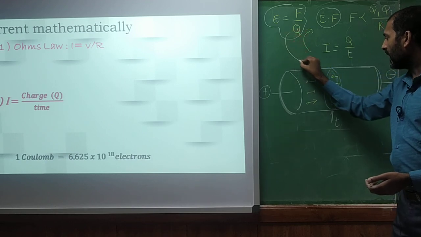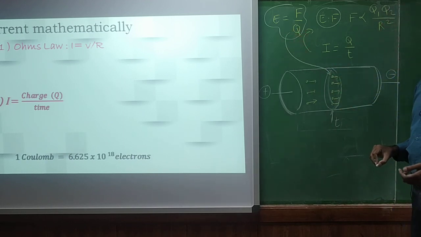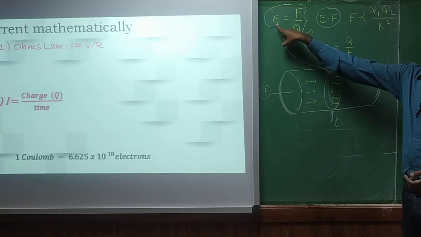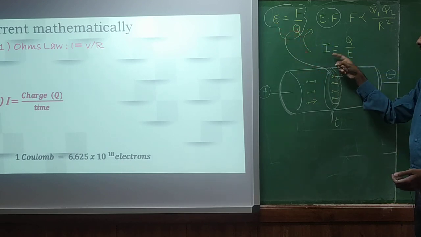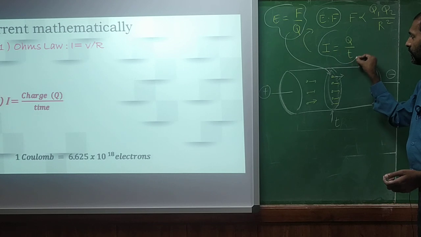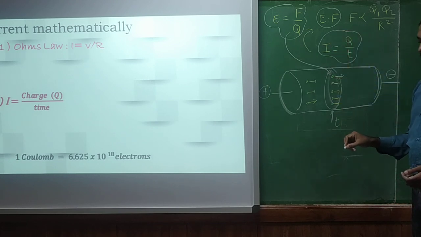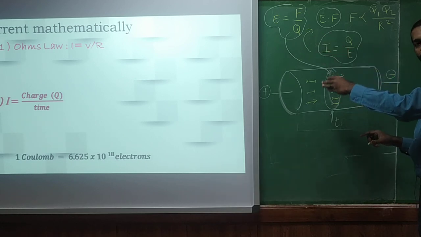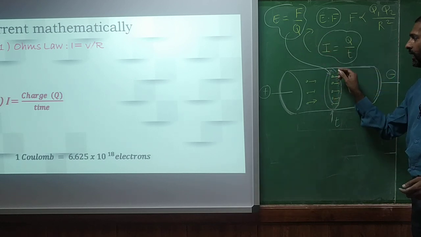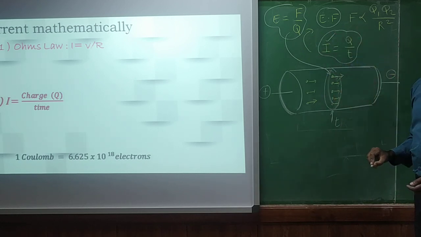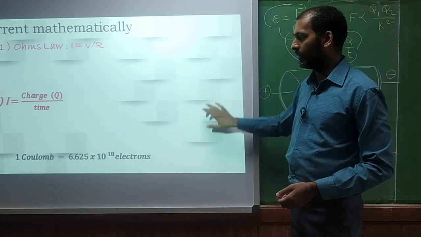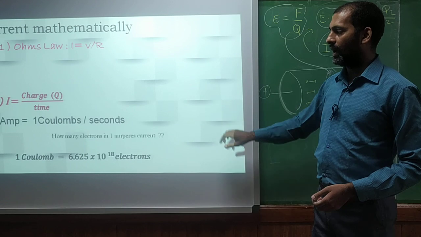So we are applying force on a particular charge, then it is moving. That is nothing but E, electric field. And what is current? It is charge per time. How many charges are moving in that particular time? We apply force, we get the movement of charge and we call it I, current, given in ampere. So this is the second expression of current I.